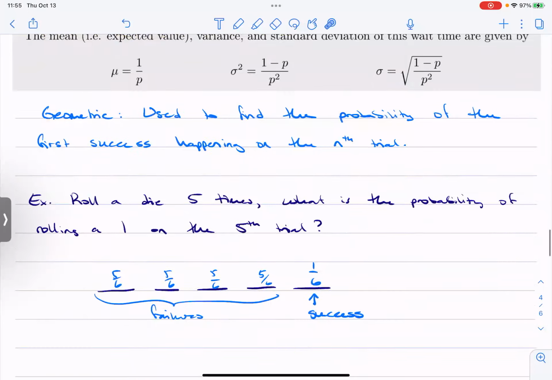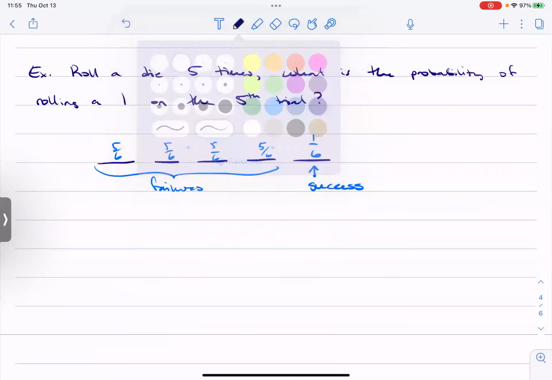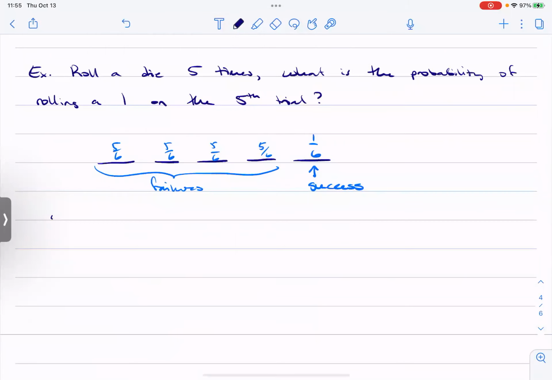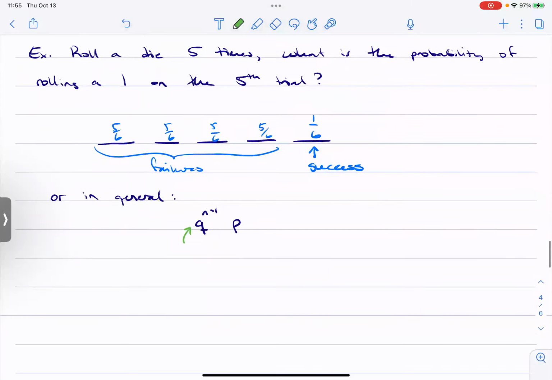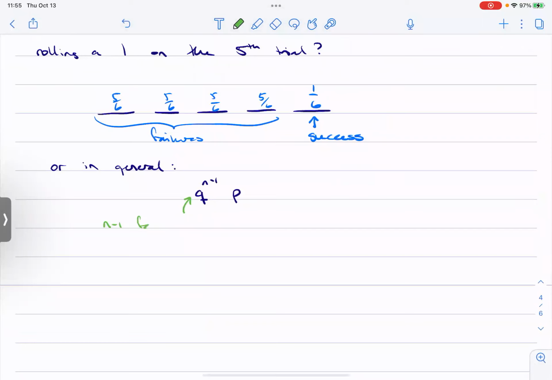In general, you would have Q, the probability of failure, to the n minus 1 times P: n minus 1 failures, followed by 1 success.